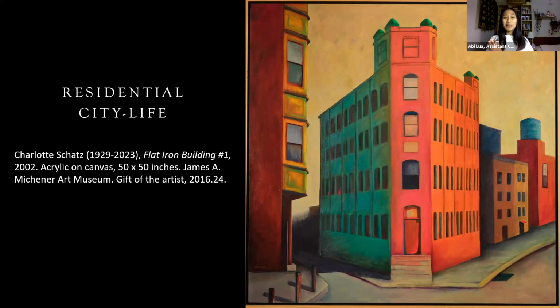But then I looked it up again, and this is the one in the Northern Liberties neighborhood in Philadelphia, so not the one in New York. But even though Schatz is pivoting to a different type of building, she's still employing that same vibrant color palette and is still interested in minimalist forms. That is what you'll see here in Flatiron Building.